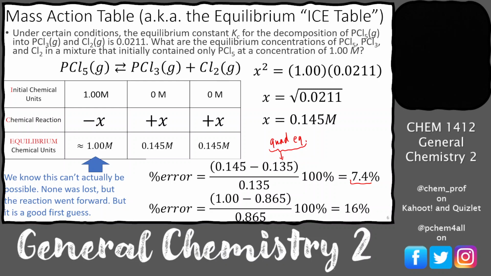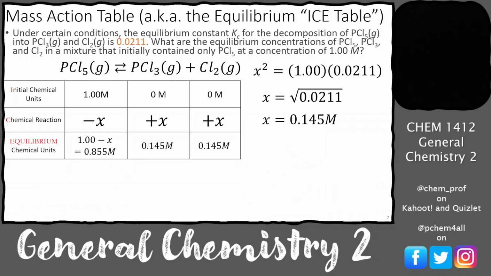We could make it better by subtracting this X piece from the 1. So let's go ahead and do that. Let's subtract that 0.145 from 1, and we get 0.855. So we assumed X was small, we calculated it, and then we put it back in as if it's not small. That made our concentration better for the PCl5.